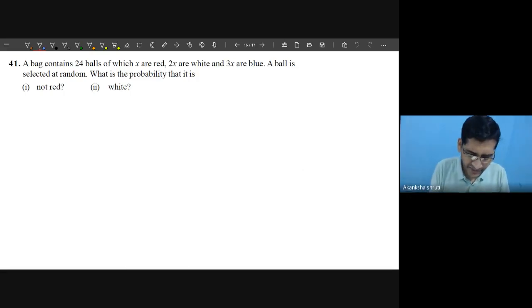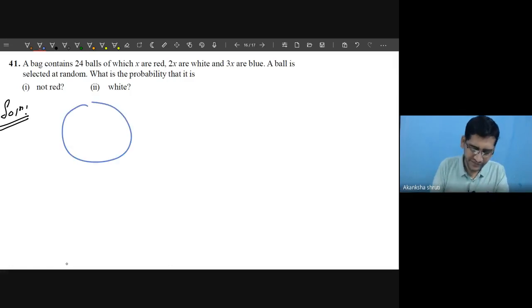Can anyone tell me? A bag contains 24 balls. So the total is 24 balls. One thing is that X are red.